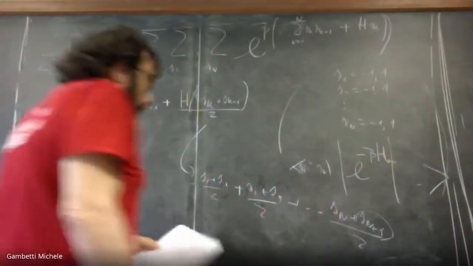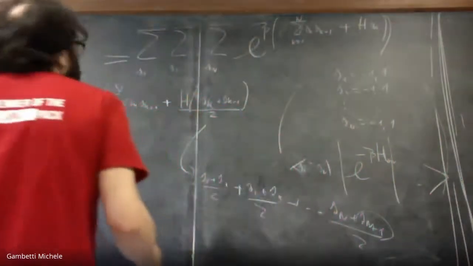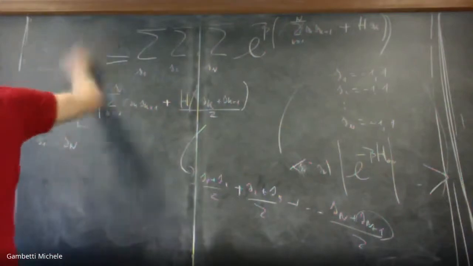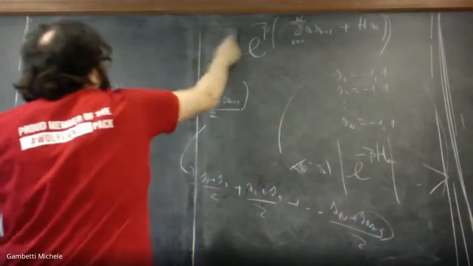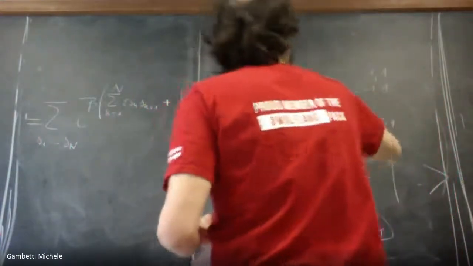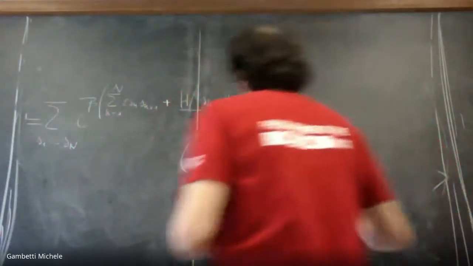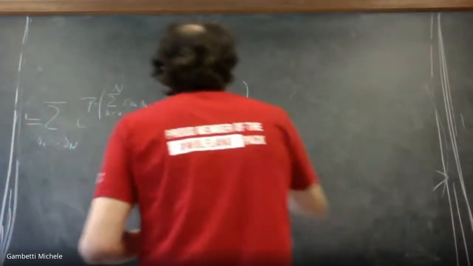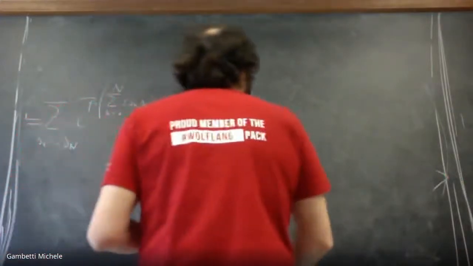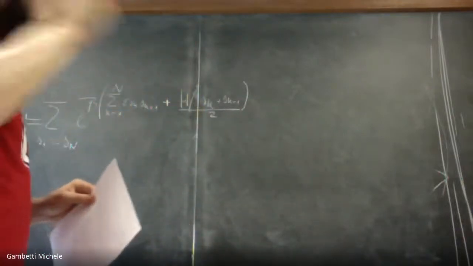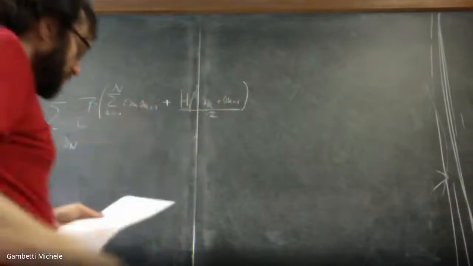Now, typically one does here a trick, which is a very nice trick, which is the following. Well, actually, as I said before, what I'm writing there is already the trace of e to the minus beta times the Hamiltonian.